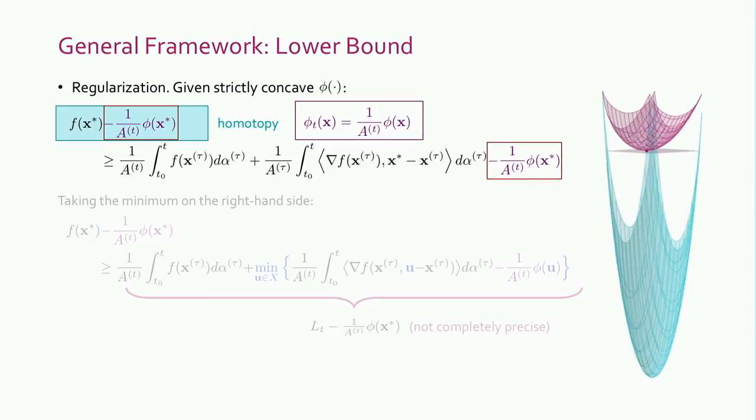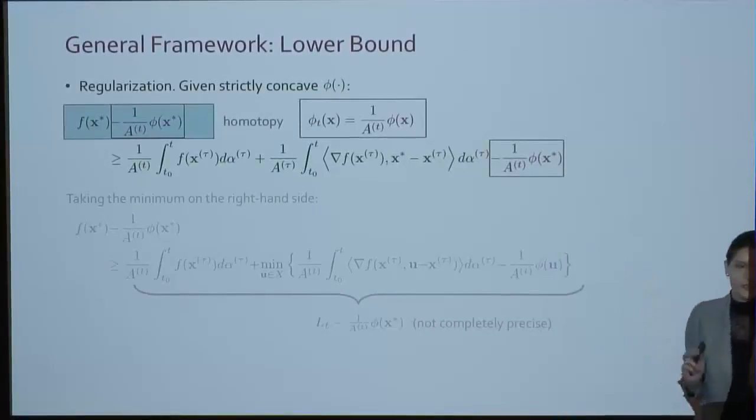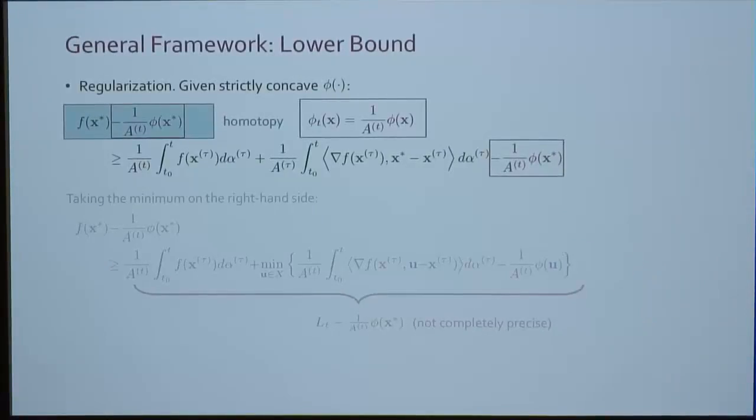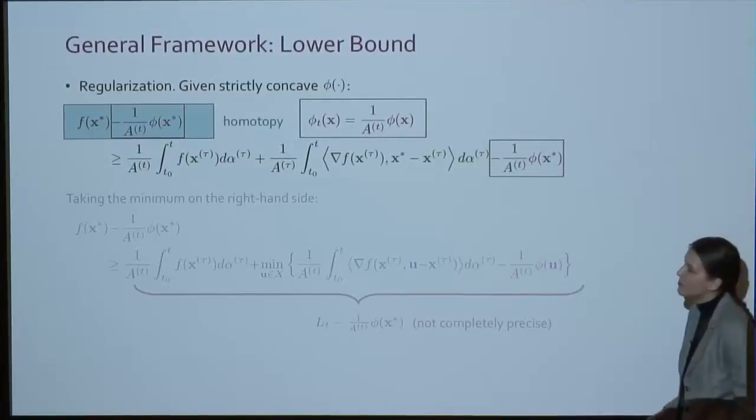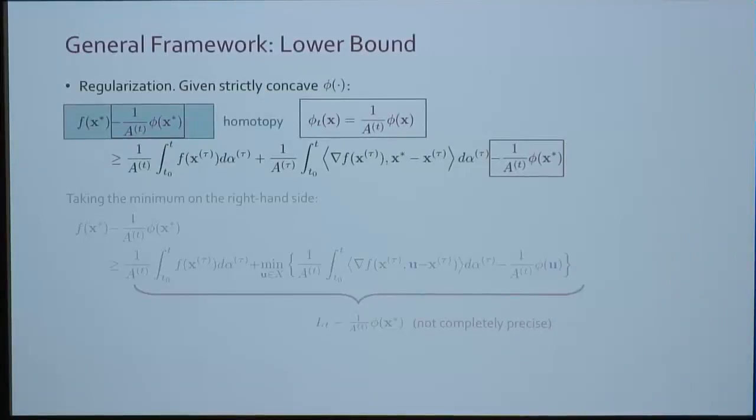So a different way to think about this is to think about it as homotopy. So what you're really doing, let me just call this 1 over a_t phi of x, call it phi_t. So what you're really doing is you're not constructing a lower bound on f. You're replacing f by some composite function, this f minus phi_t, and constructing a lower bound on it.